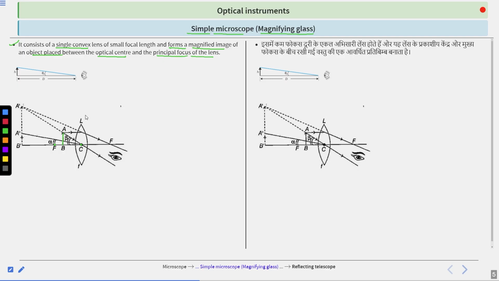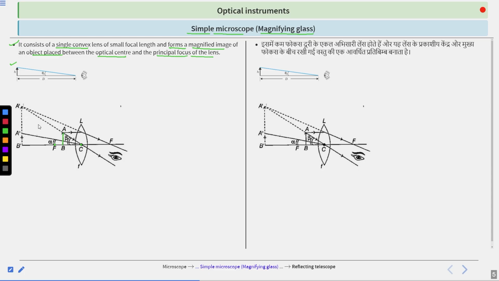In this diagram, the angle subtended by the object at the eye is theta naught, and this is the distance of clear vision, D equal to 25 centimeter. Clear in this diagram? And this is the ray diagram of the simple microscope.